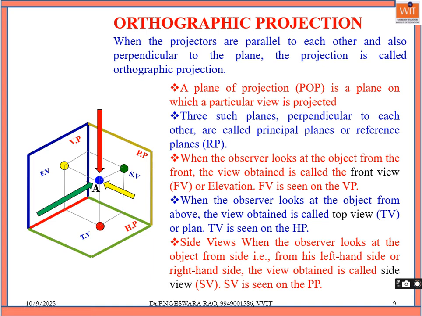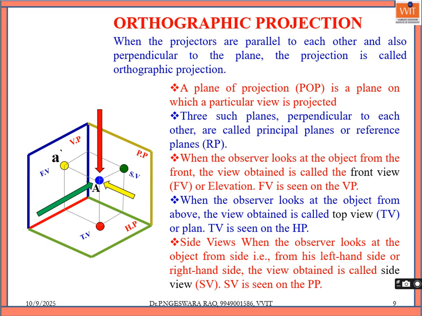Always the projection names must be small letters. If the object name is capital B, then the front view is b dash.